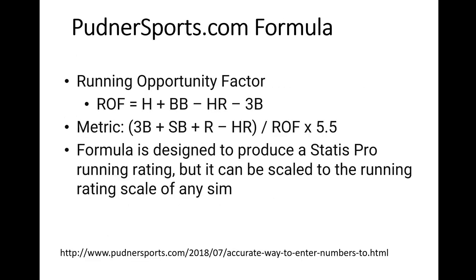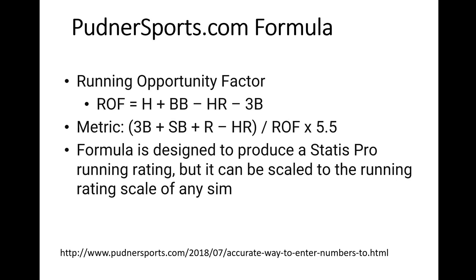So in my last video, I talked about this formula that I had co-opted from a site called pudnersports.com. This guy does a lot of work on statispro and making his own cards and so on. And he rates, therefore, his own players, and he came up with this formula for rating base running. And he has something called the running opportunity factor, which you can see here.